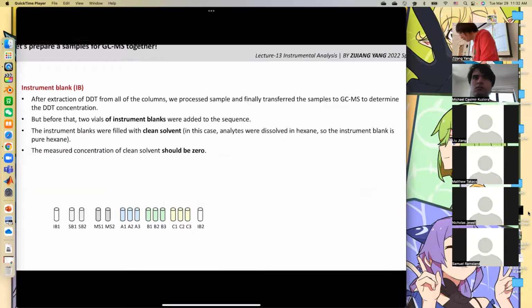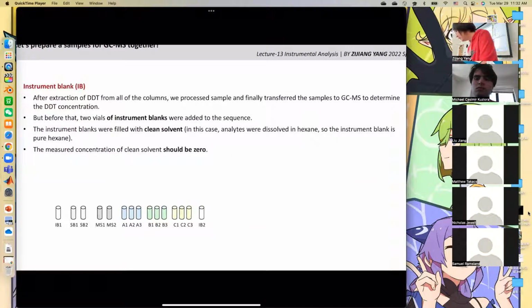After extraction of DDT from all of the columns, we process the sample and finally transfer the sample into GCMS to determine the DDT concentration. But before that, 2 vials of instrumental blanks were added to the sequence, because when we extract the DDT from the soil, we dissolve the DDT into hexane.